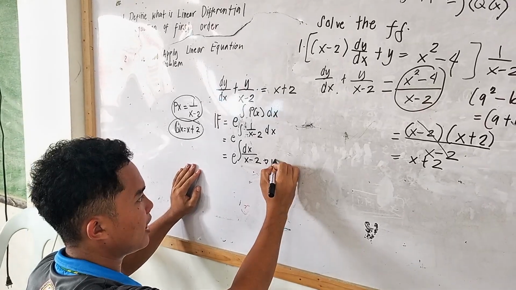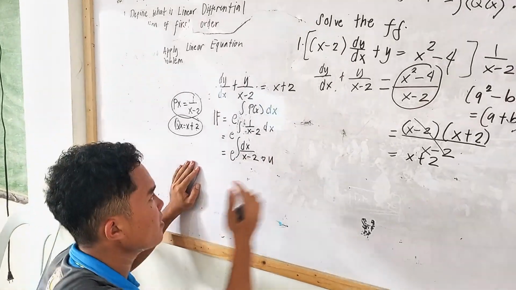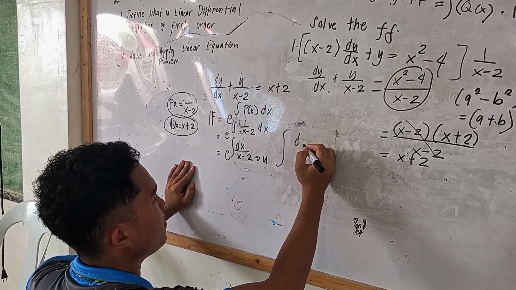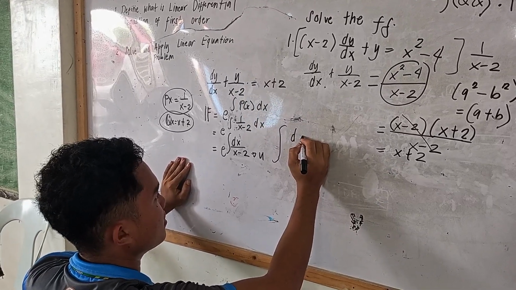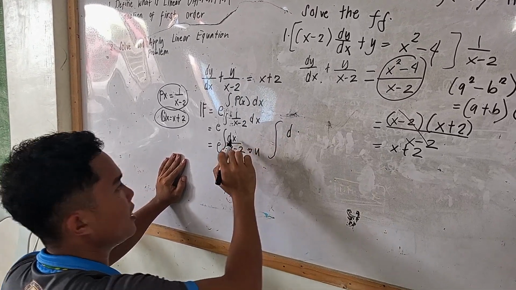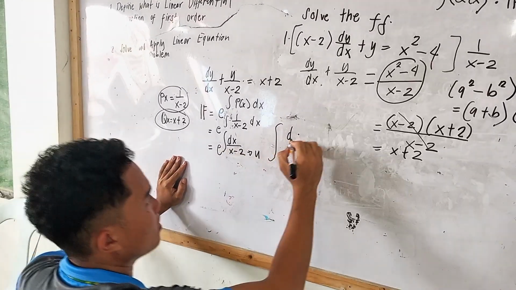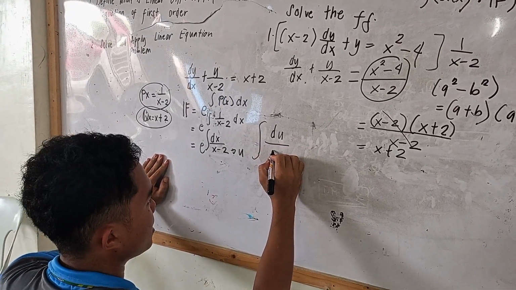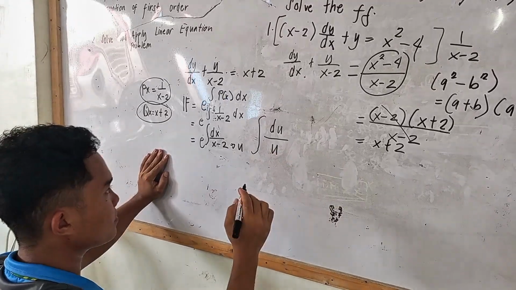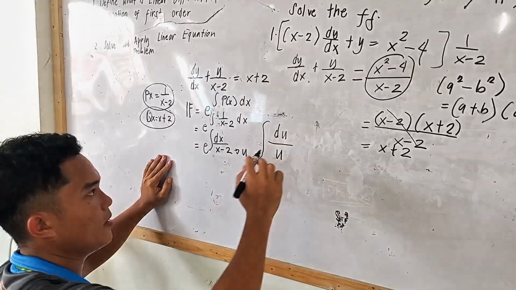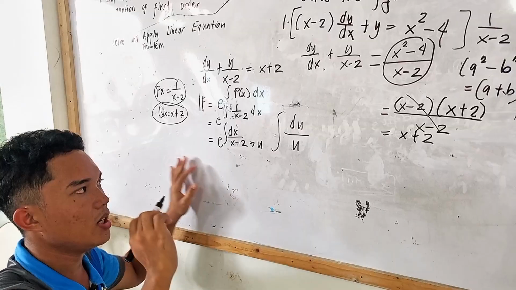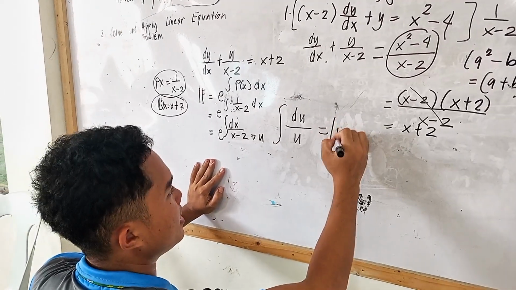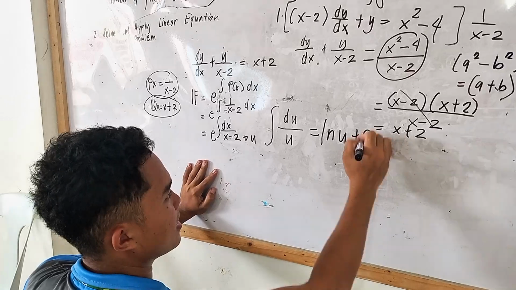So the integration of 1 over u is ln u plus c.